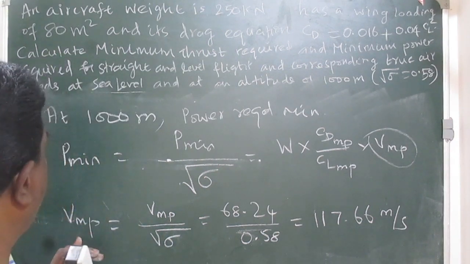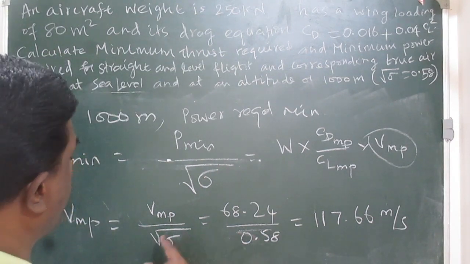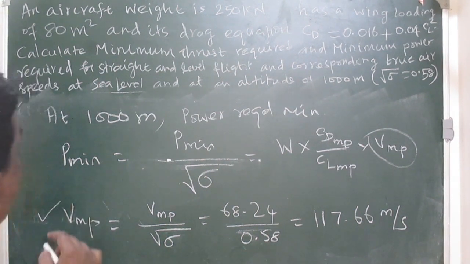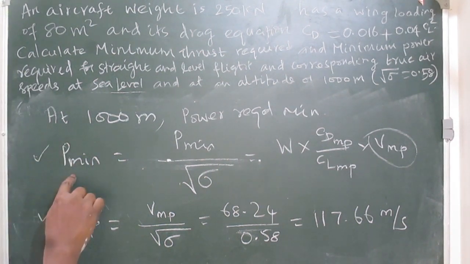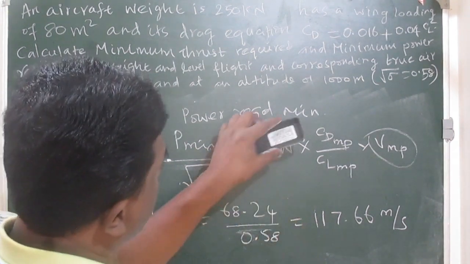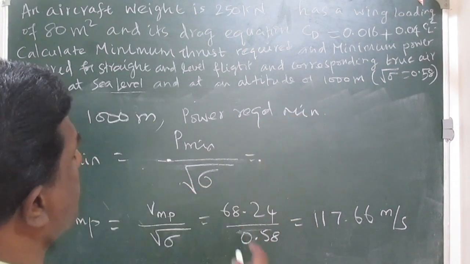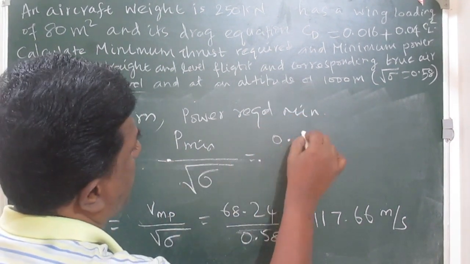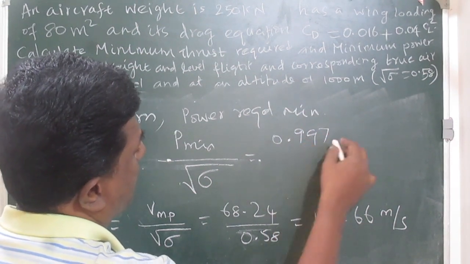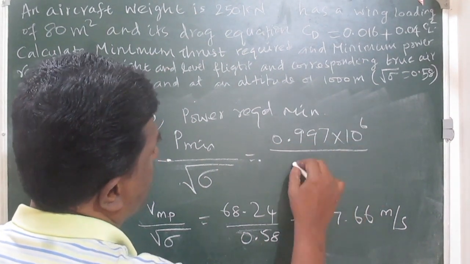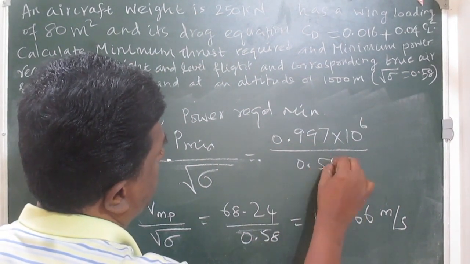So this is the velocity minimum power at 1000 meter. Similarly, we can find the power required minimum at 1000 meter. That is the power required minimum at sea level, 0.997 megawatt, that is into 10 to the power of 6, divided by root sigma 0.58.